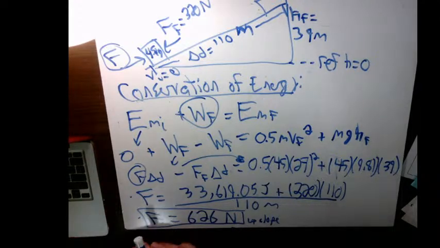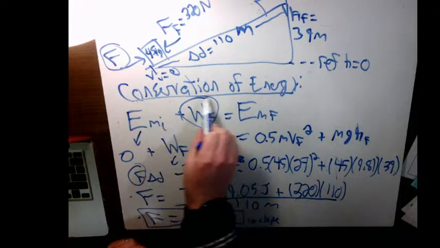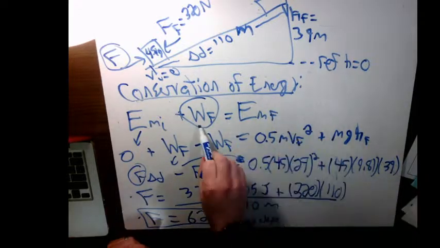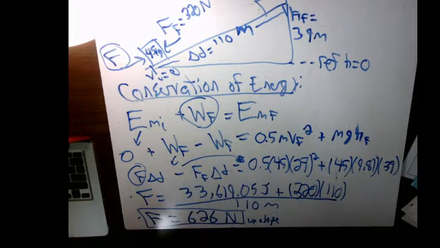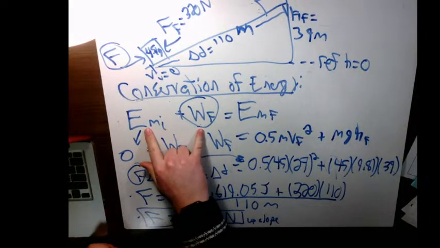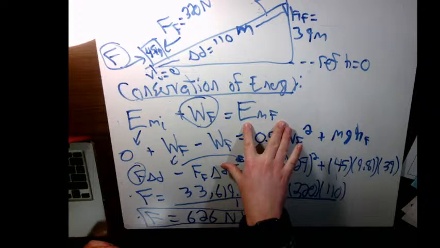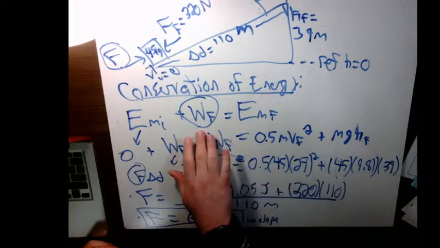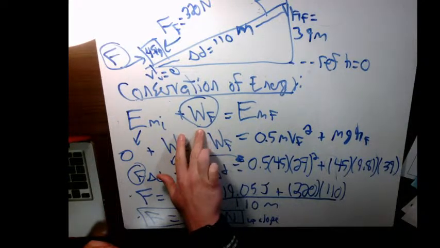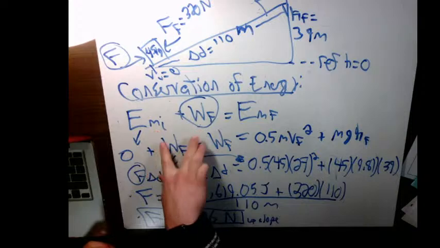All examples of external forces that are going to change our conservation of energy by adding in this non-conservative force, which we're going to add to our initial mechanical energy, so that our final mechanical energy is a product of that external force and our initial system.